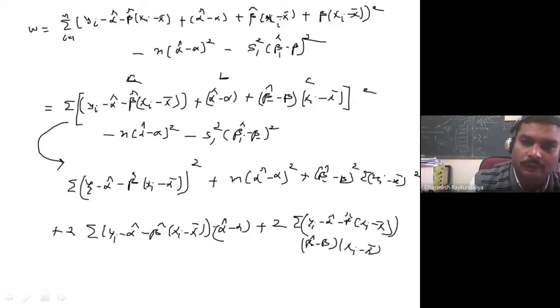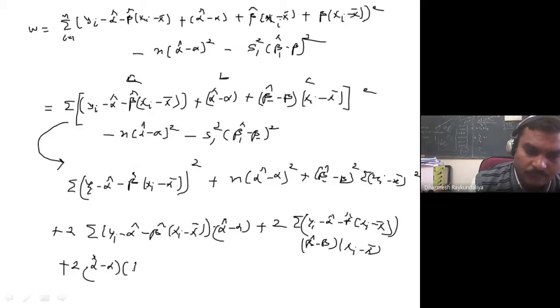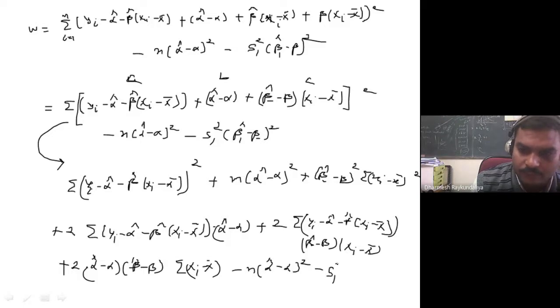Of course, and now you can have one more term, this multiply with this, twice of alpha cap minus alpha, beta cap minus beta, and this is the summation xi minus x bar, and this quantity minus n alpha cap minus alpha square minus s1 square. Okay, sorry, it is not summation, it is beta cap minus beta whole square.